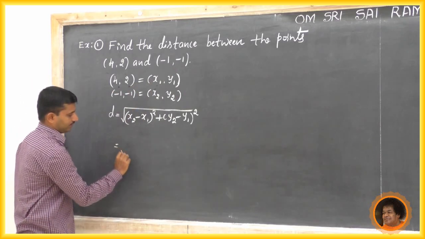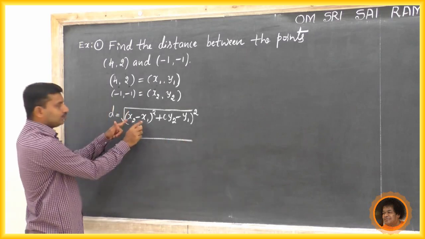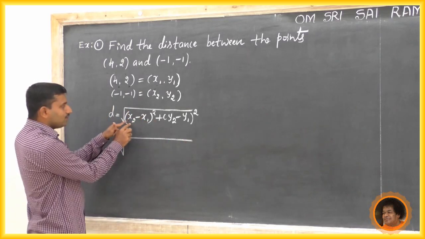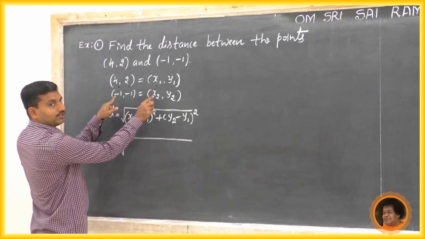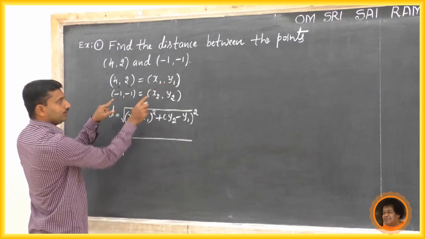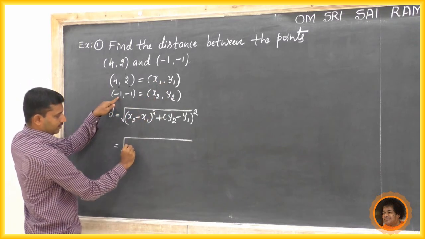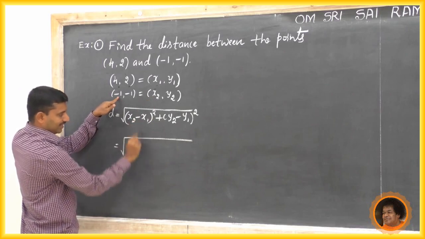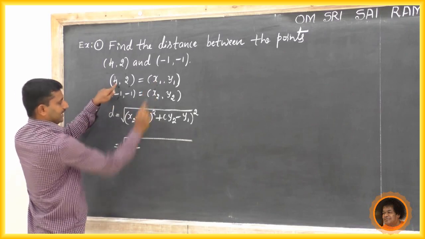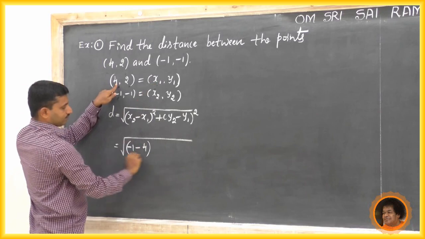Now substitute the values. The x2 value is minus 1, the sign is minus, x1 is 4, their square.